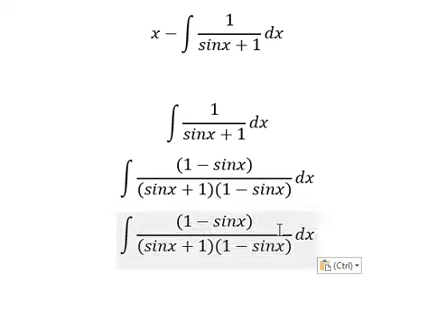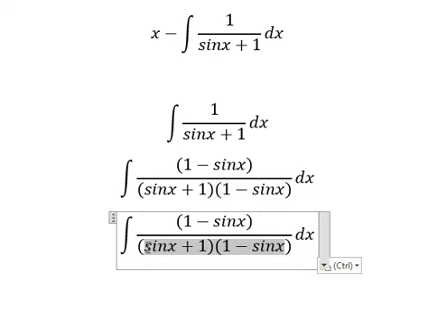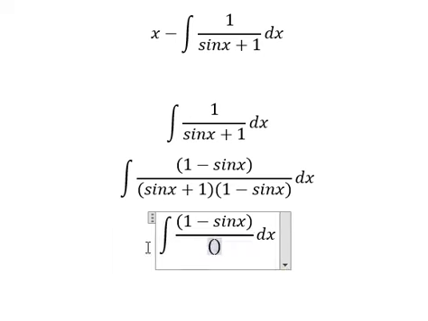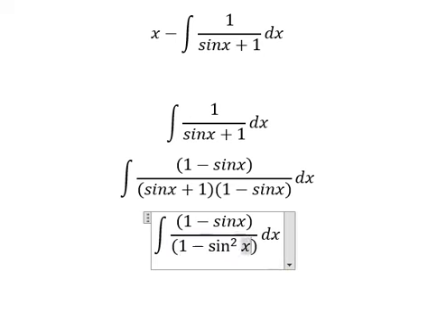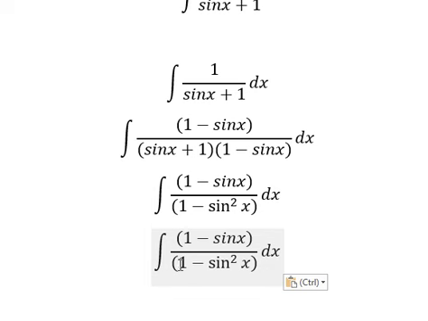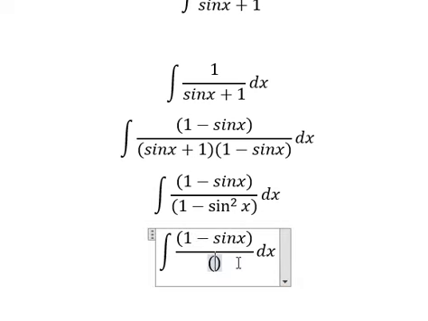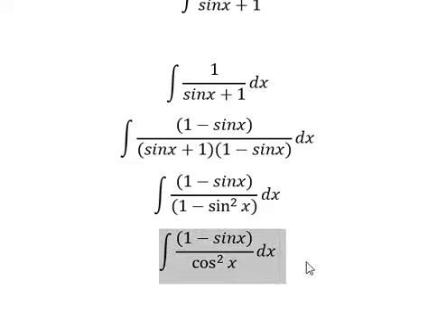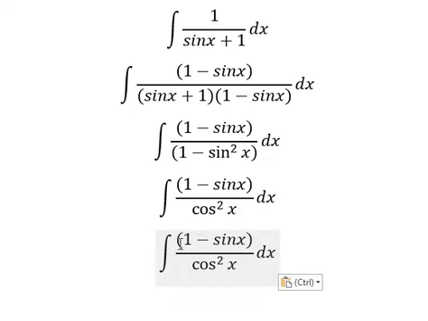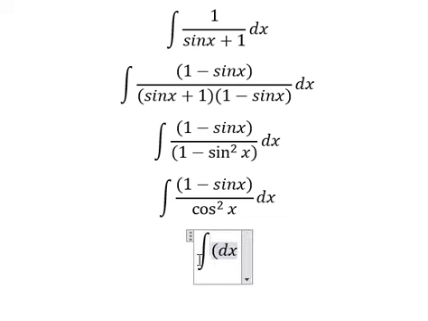So this one, that is 1 minus sin x squared. And this one, that is cosine x squared. 1 divided by cosine x squared, that is secant of x squared.